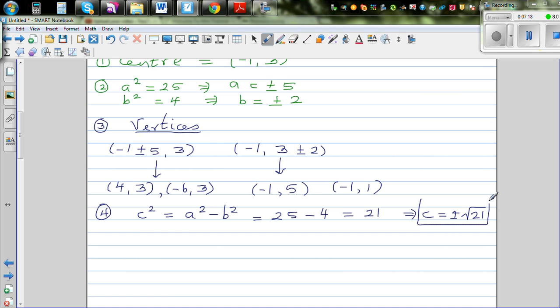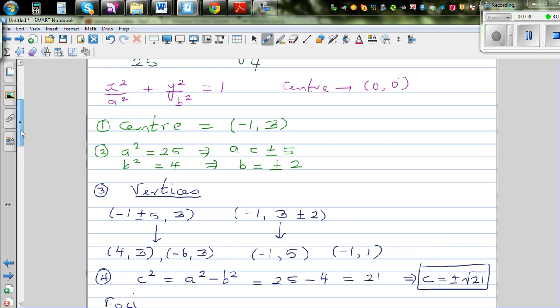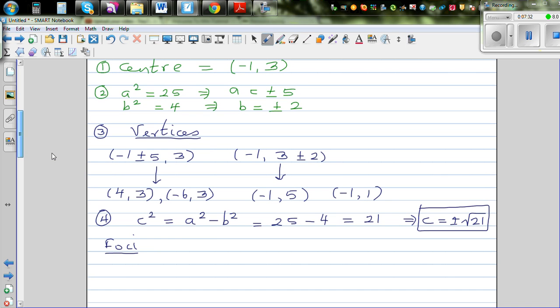The foci are always on the major axis. Your center is minus 1, 3. So your foci would be minus 1 plus or minus root 21 comma 3. When I draw this it will make more sense.